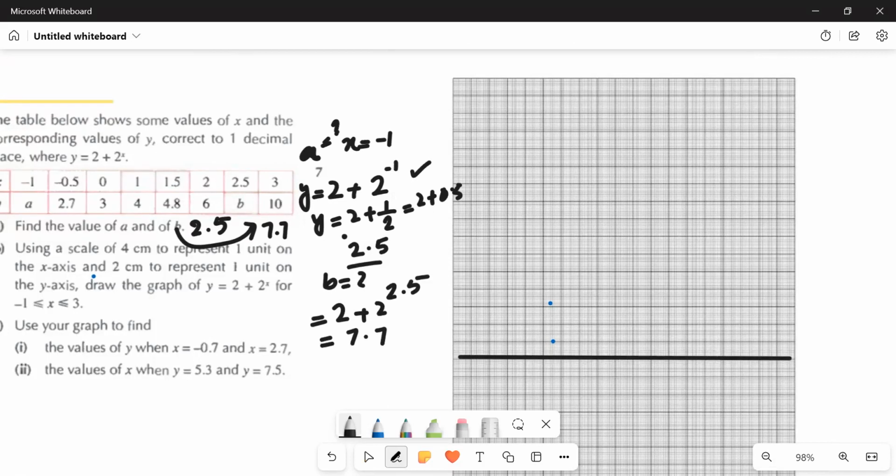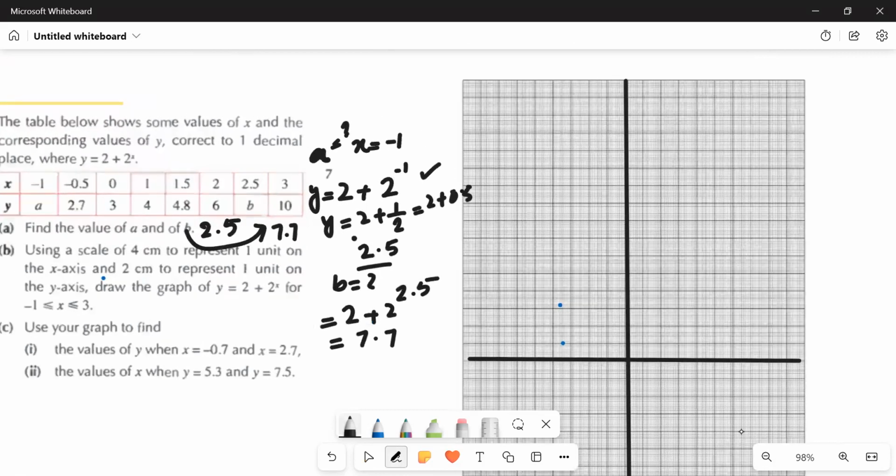So we have a maximum value of 10, right? Okay, now for 4 centimeter, 1, 2, and here we need 3 also.